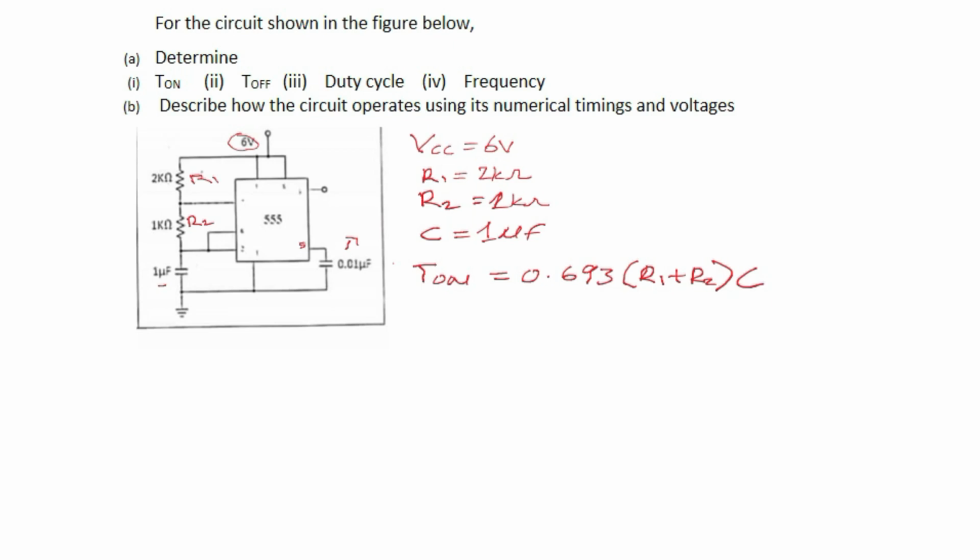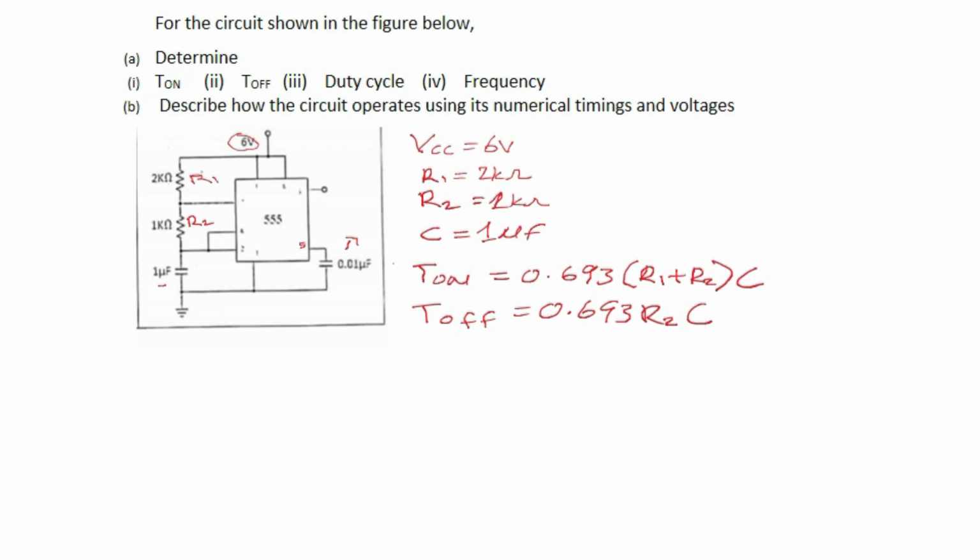This is also called the time constant. We know the time constant is given as RC, but here we are having R1 and R2. Well, for T off, the formula is 0.693 R2C.